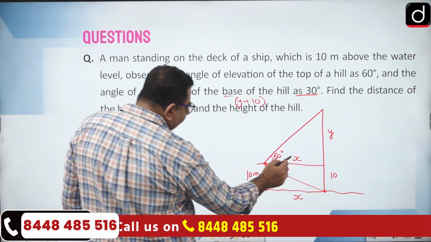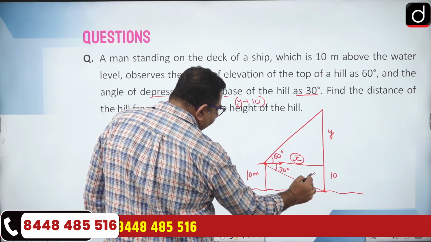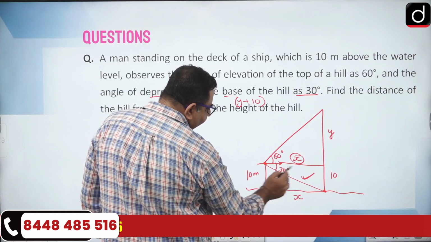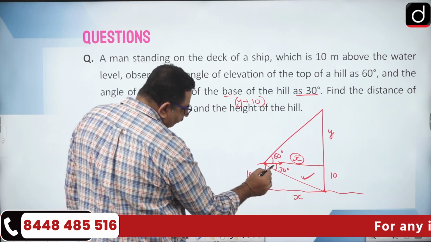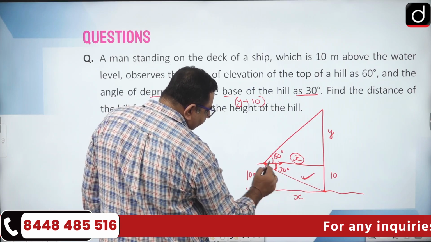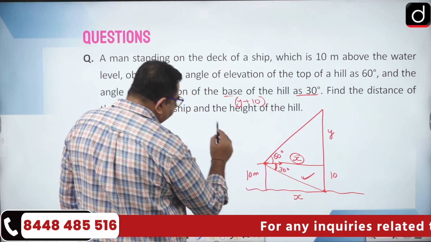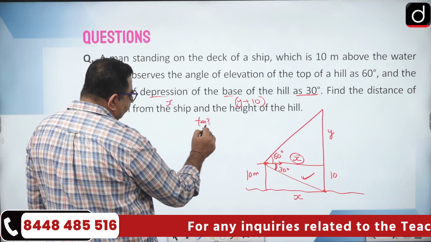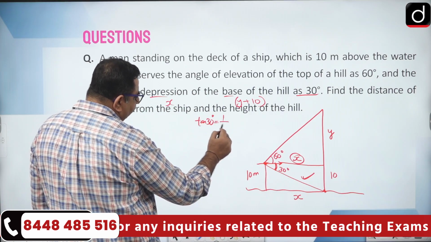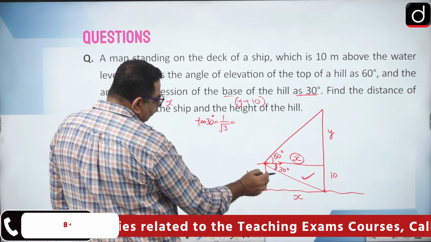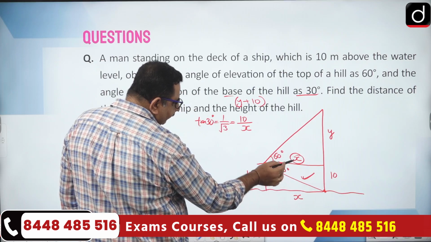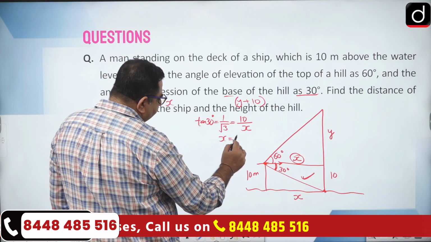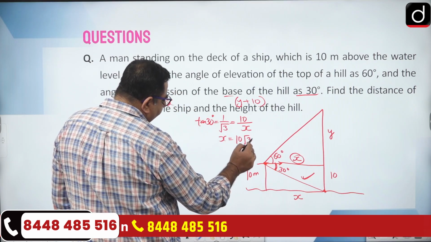So first of all, I can find x easily if I apply tan in this triangle, right? For this 30 degree angle, this is the height, and x is the base. So I can apply tan 30 degrees, that is 1 by root 3 is equal to height by base. So from here x is 10 root 3.